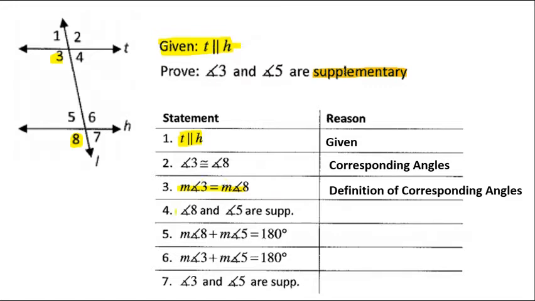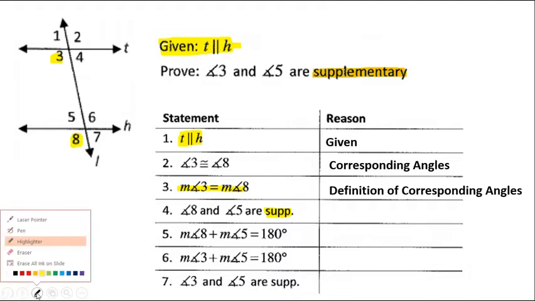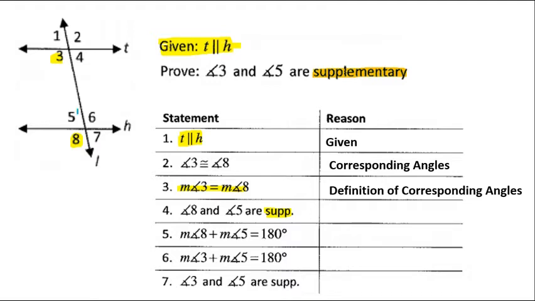Okay, now statement 4, it says angle 8 and 5 are supplementary. So it just abbreviated SU and double P right there. That means supplementary, or 180 degrees. So if you look where angle 8 and 5 are in respect to the graph right here, so these two right here, they're adjacent next to each other, but they also form a straight line, which means that they're a linear pair.